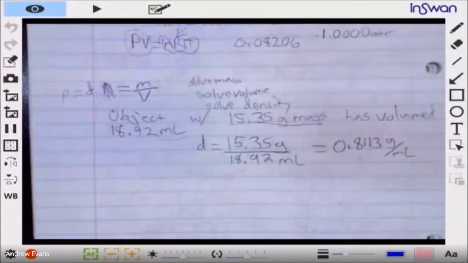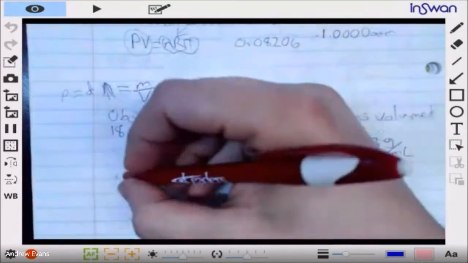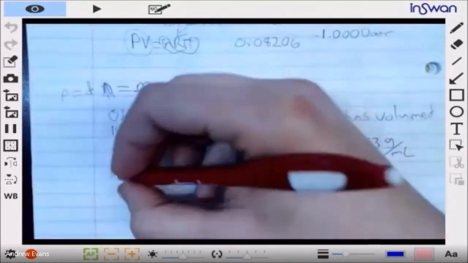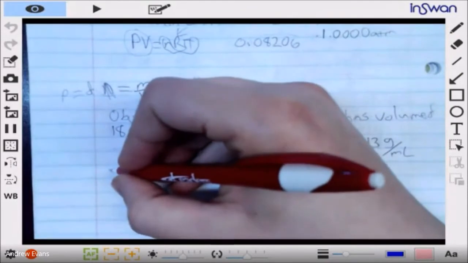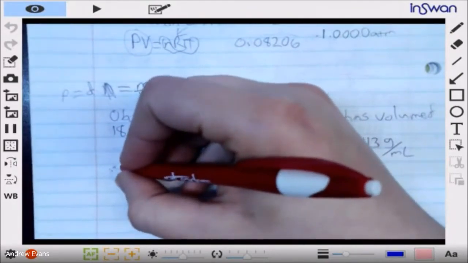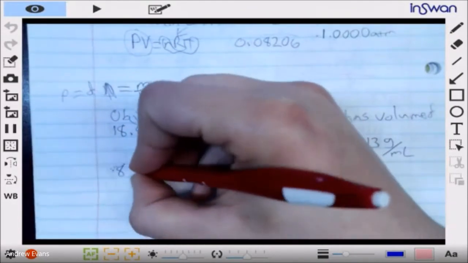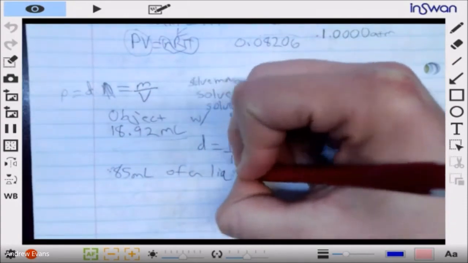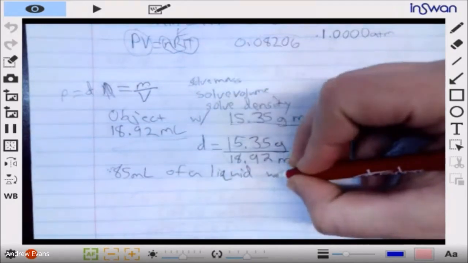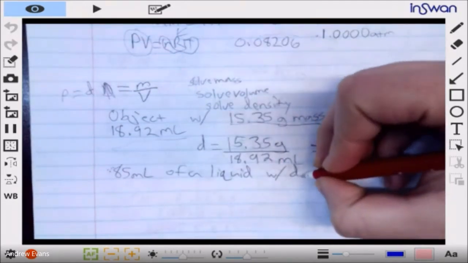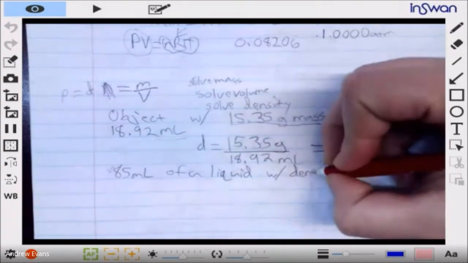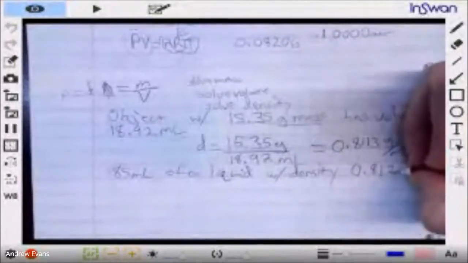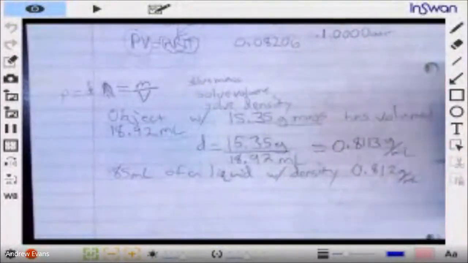Now, if I was given, say, 85 mils of liquid with density 0.812 grams per milliliter, what mass would it have?